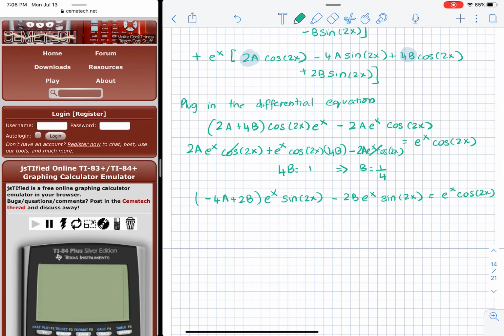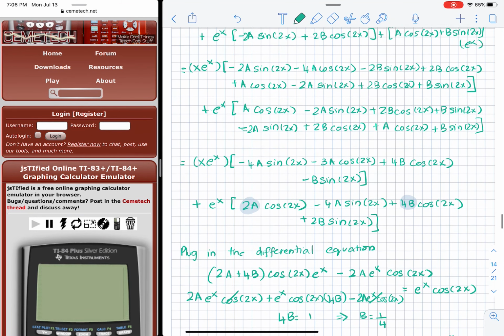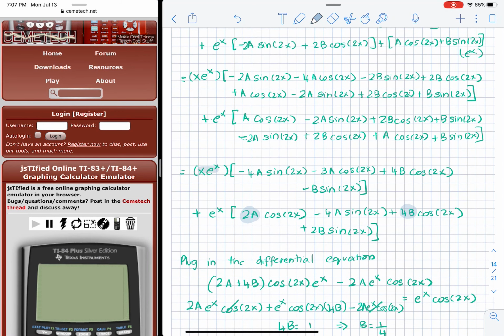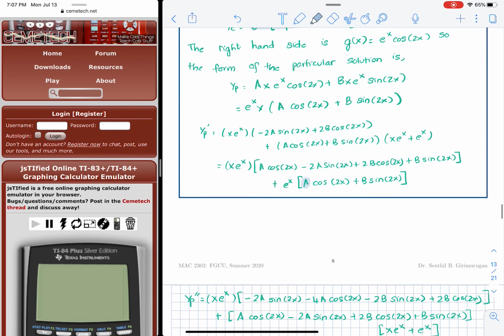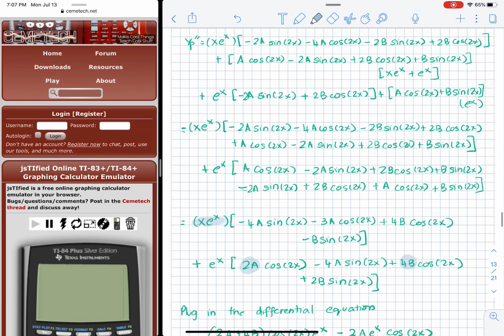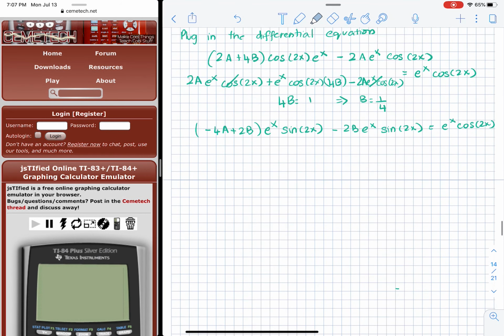I don't want the other terms because that is the x e raised x term, and same over here, that'll just be extra terms that we don't need. It's right there, so we don't have to spend time trying to evaluate those terms.